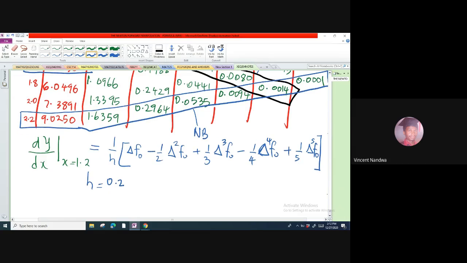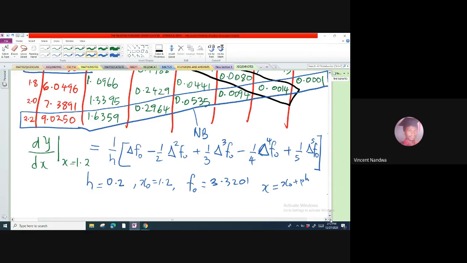And then x naught for this case is 1.2, and f naught is 3.3201. You remember x equals x naught plus ph.